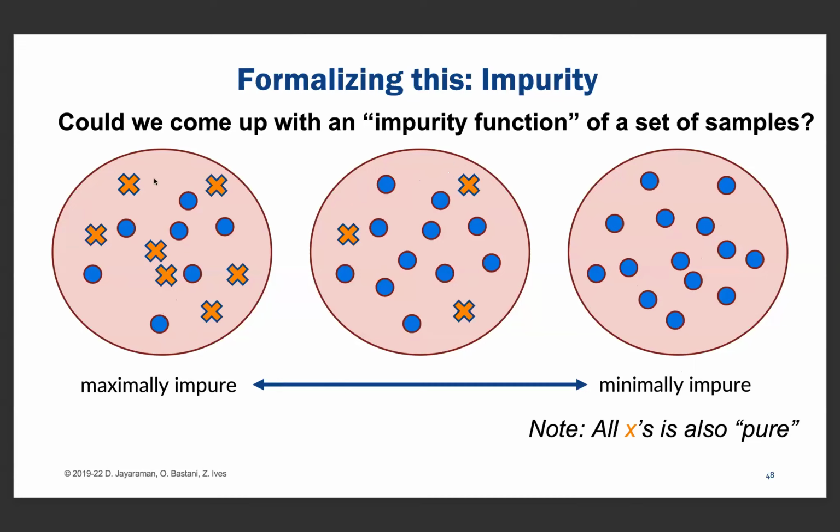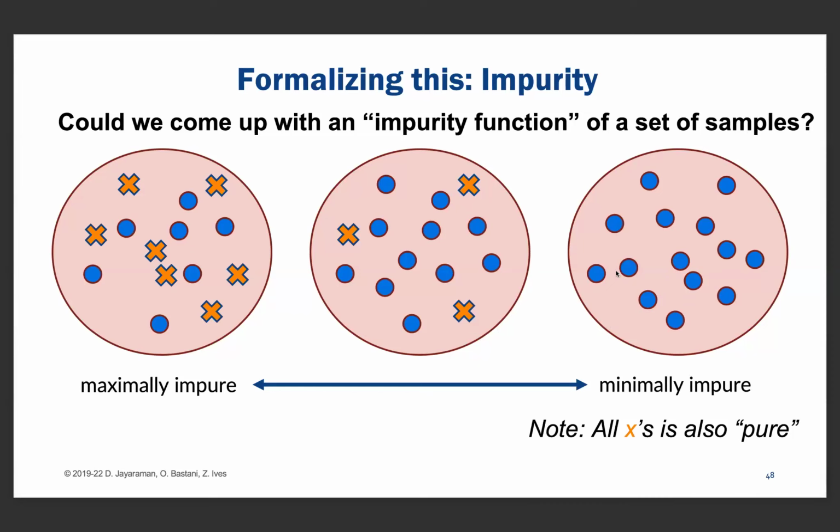So if we draw a random object from the maximally impure set, with probability 1/2 we get a circle or a cross. From the minimally impure set, with probability 100% we get a circle, and with probability 100% we don't get a cross. Here we come to the word information, which I haven't spoken about much yet.